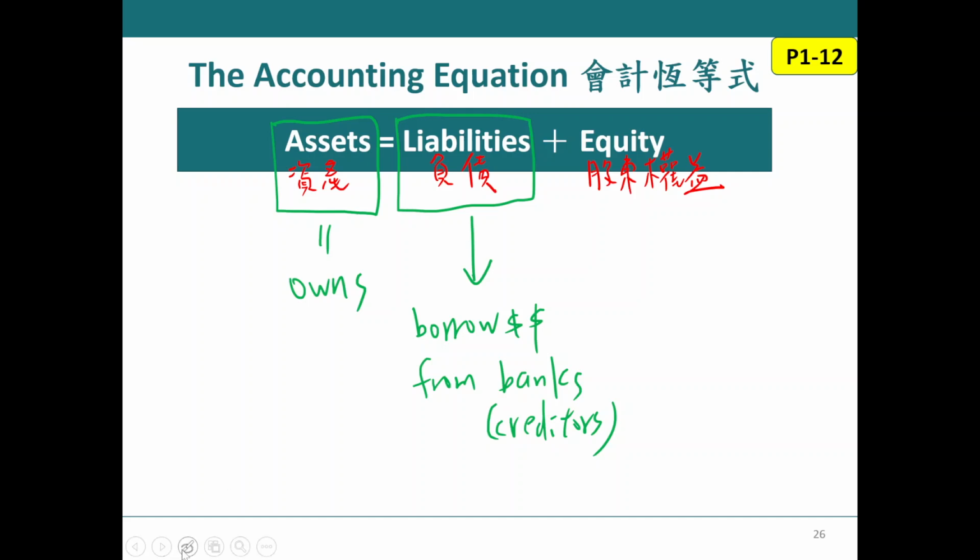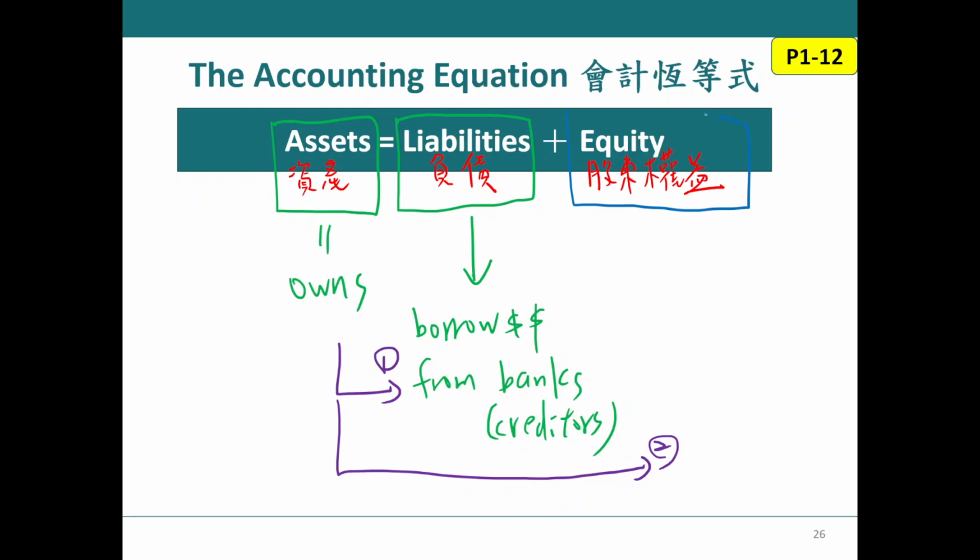This is the first way you could find the money. What's the second way? Ask investors to invest in your company, right? So you can find the money you need. So equity tells you about the investors.